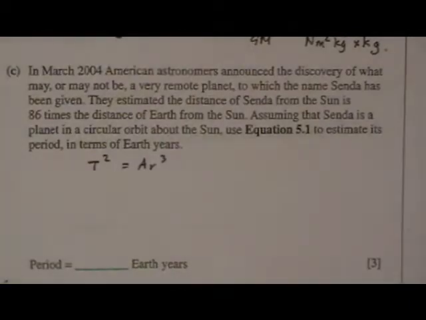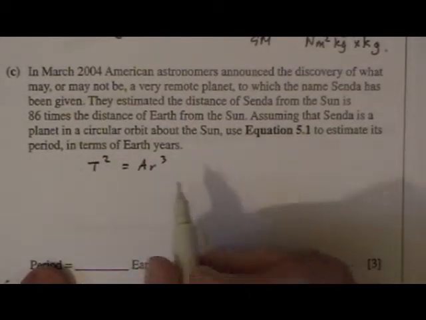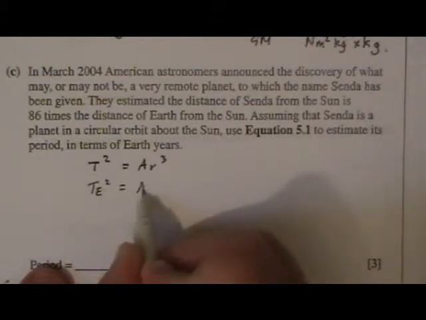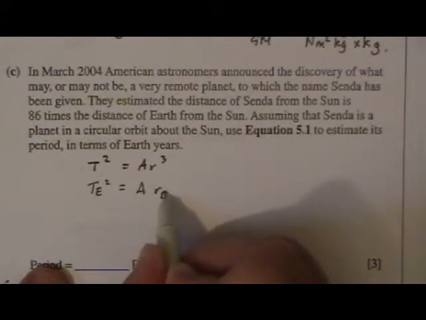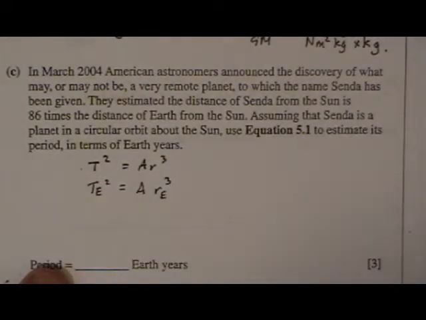If we consider that equation in terms of the information that we've got in the question above, for the Earth, t for the Earth squared is equal to a times the radius of the Earth's orbit around the Sun cubed.